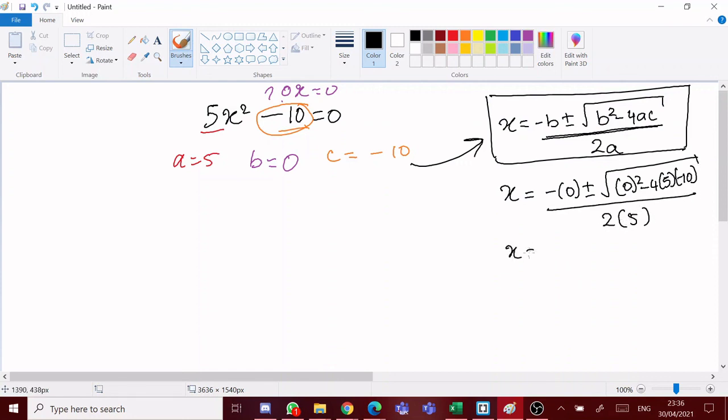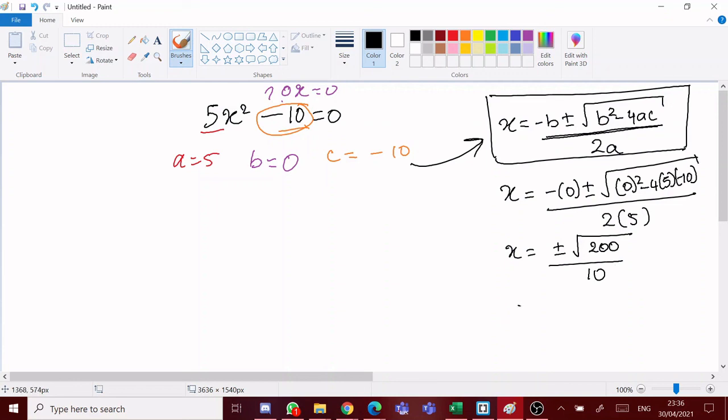So this would be plus minus, because 0 is nothing, square root of minus 4 times 5 times minus 10, that would be 400. Oops, not 400. It would be 200, over 10.